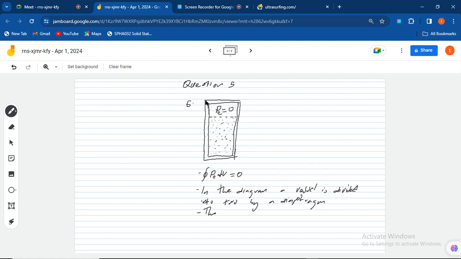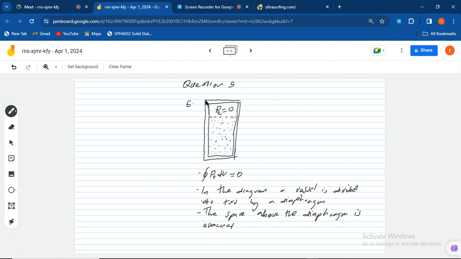The space above the diaphragm is evacuated.